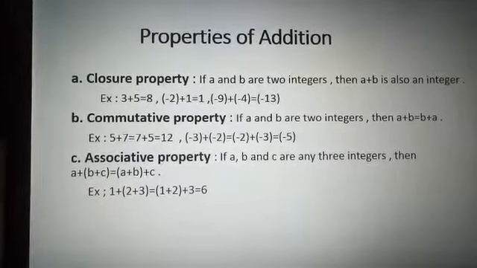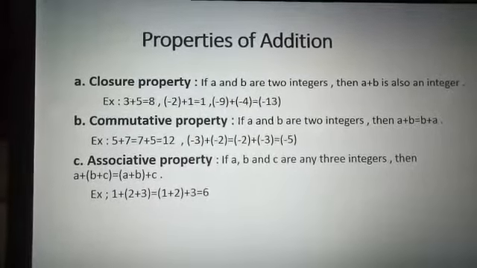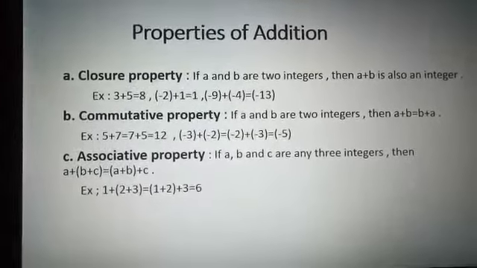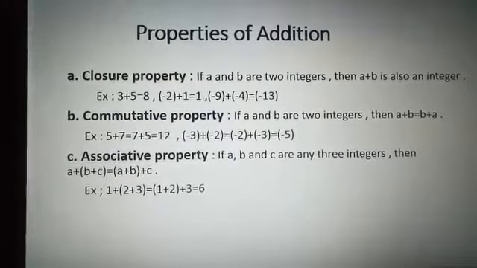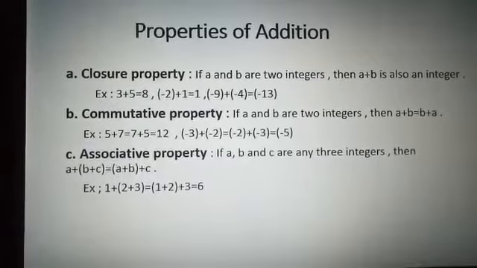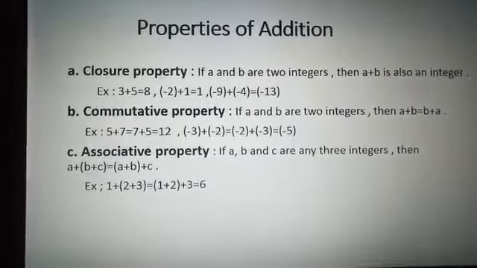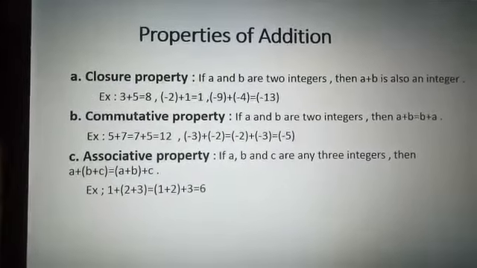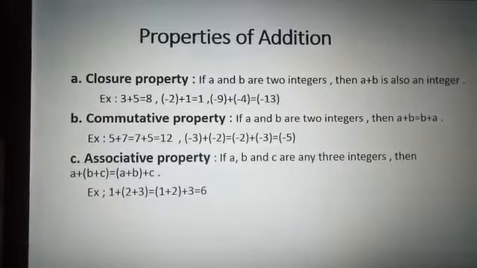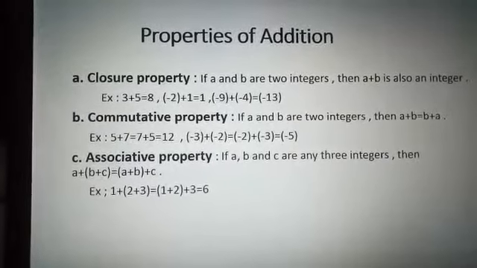On the left hand side, the bracket is given to B and C, and on the right hand side, the bracket is given to A and B. That means if we take the addition of all three numbers, first we have to solve the bracket. After solving the bracket, if the answer is the same, then the associative property holds.